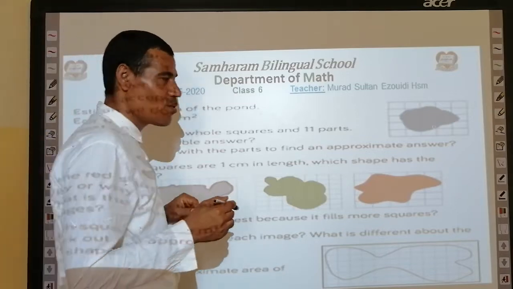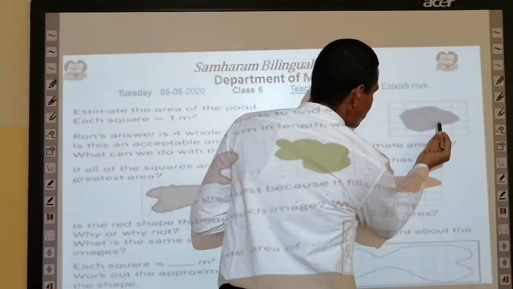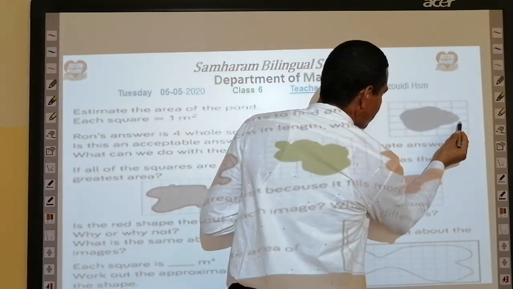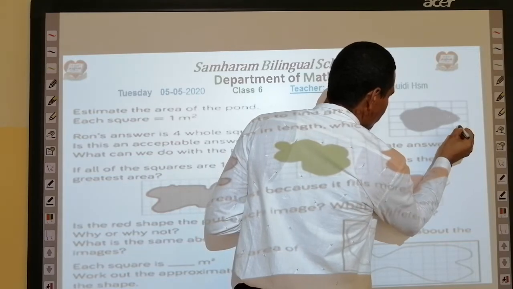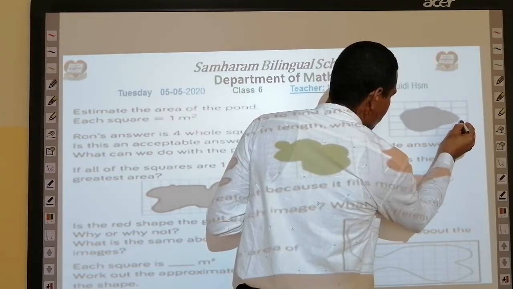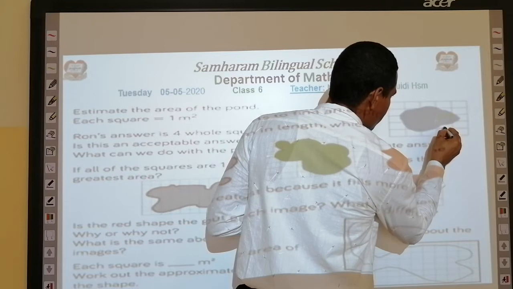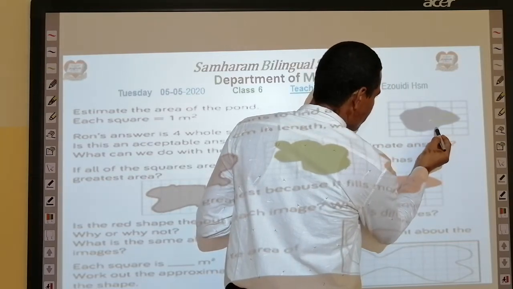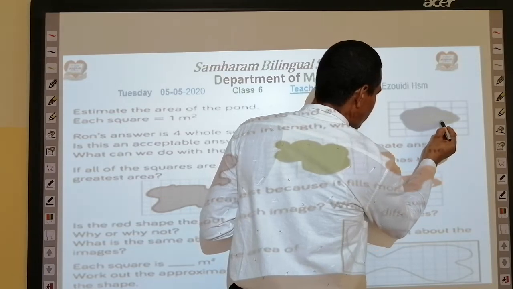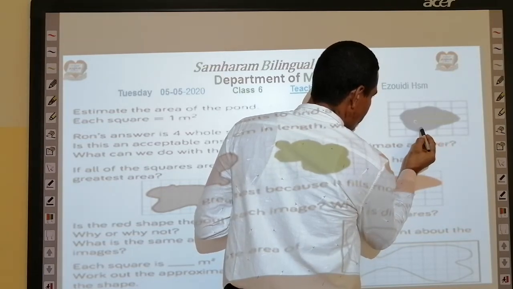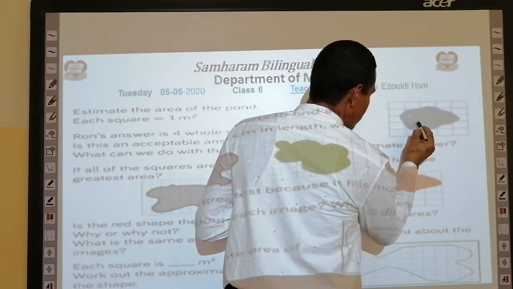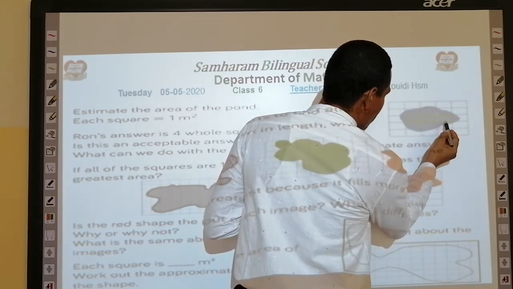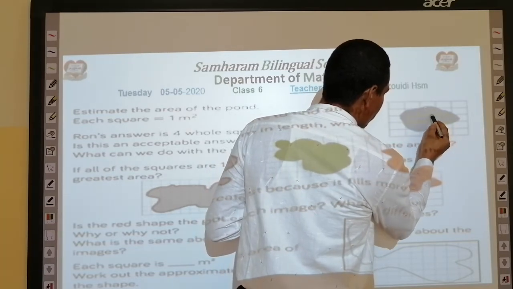Let's first count the squares. This is square number 1, square number 2, square number 3, and square number 4.